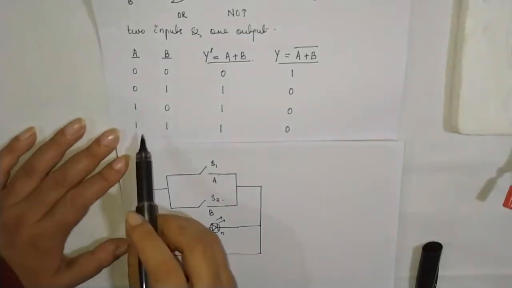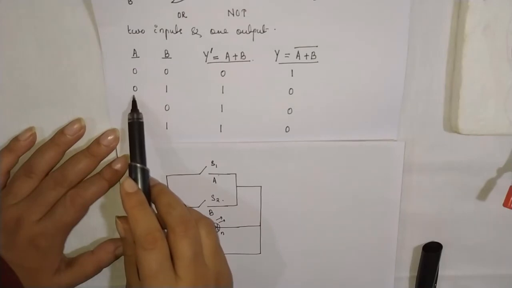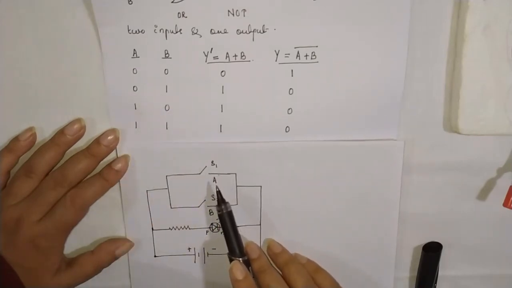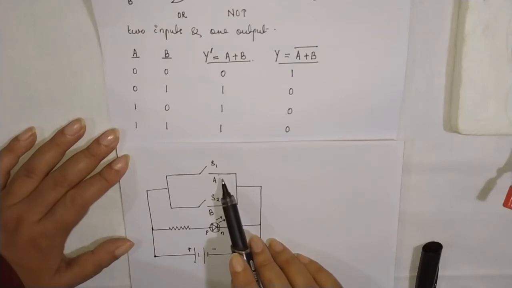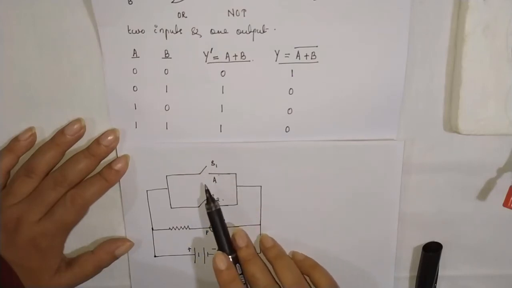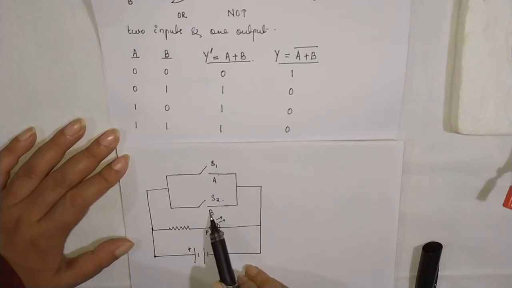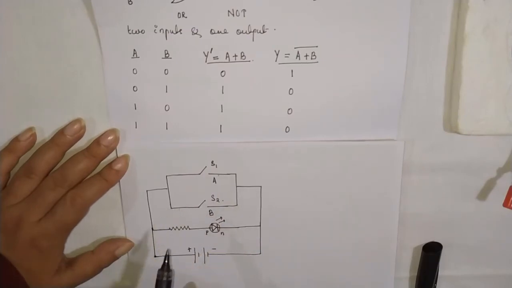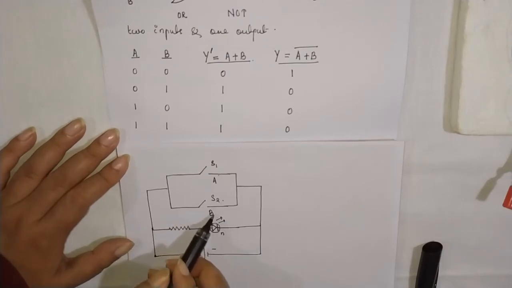Now you see the second condition, that is 0, 1. That means A is disconnected, so this switch is open, but the B switch has to be closed. Now if the B switch is closed, just try to imagine that this switch is closed. What will happen?